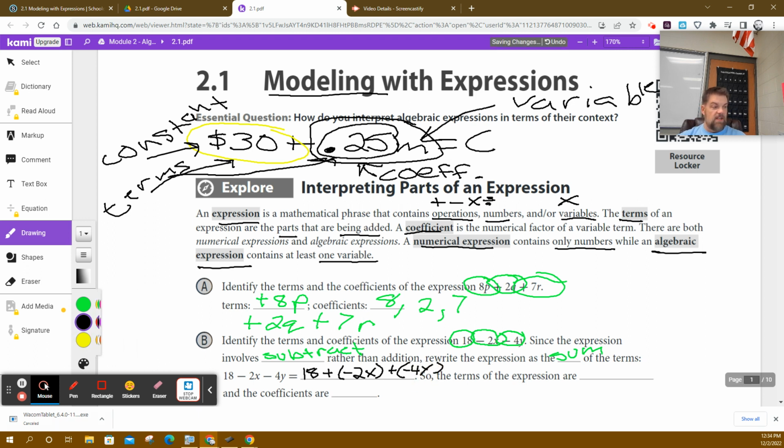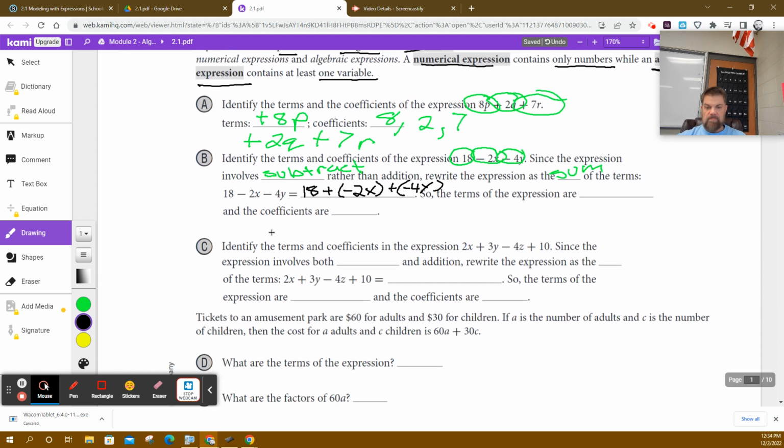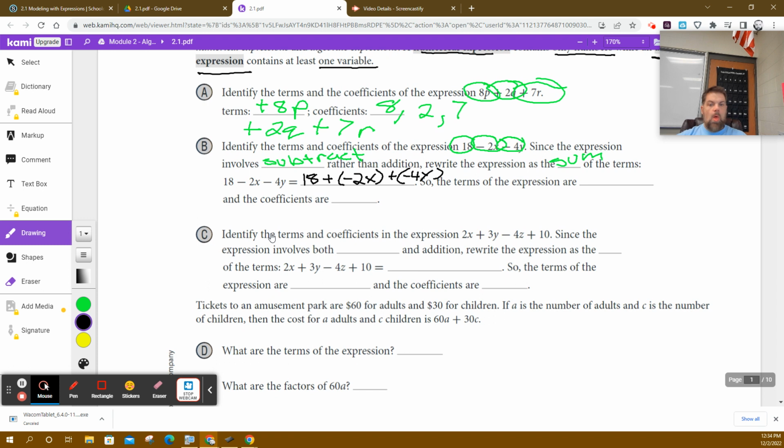So then the terms in the expression are positive 18. What's the next term? Tell me the terms. Negative 2x. What's the next term?